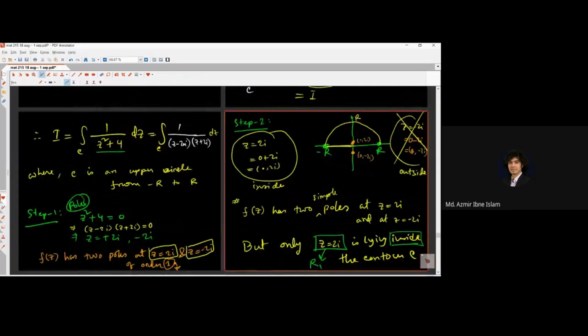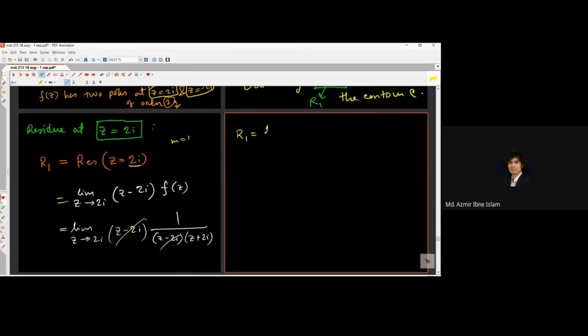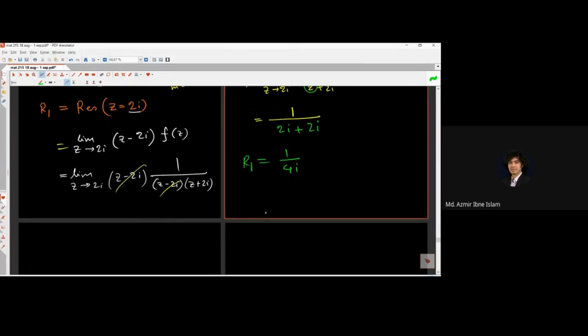The main function is 1 over (z minus 2i)(z plus 2i). So we can now cancel the similar terms. R1 is equal to the limit as z tends to 2i of 1 over (z plus 2i). This is a limiting problem. We can input 2i, so 2i plus 2i, that is 1 over 4i. This is R1. So finally, our residue is in our hand.